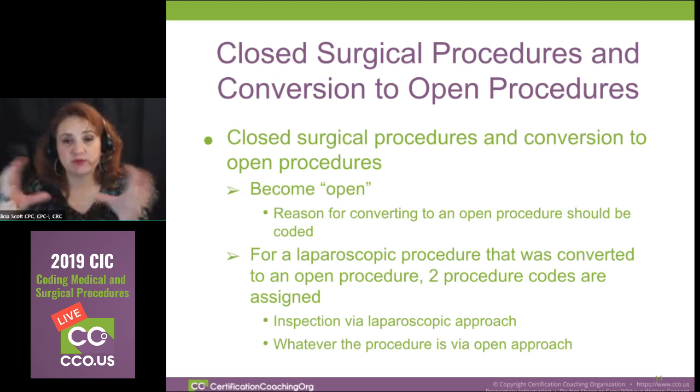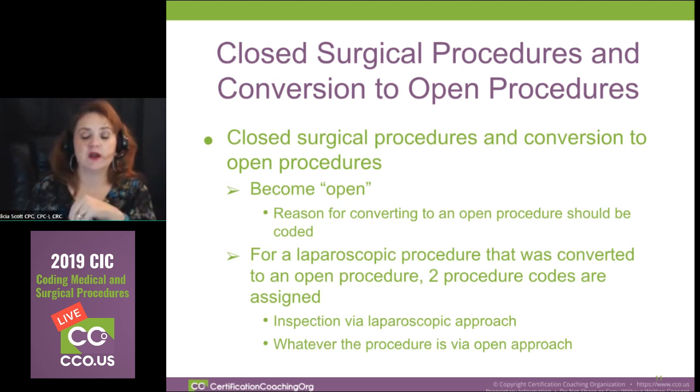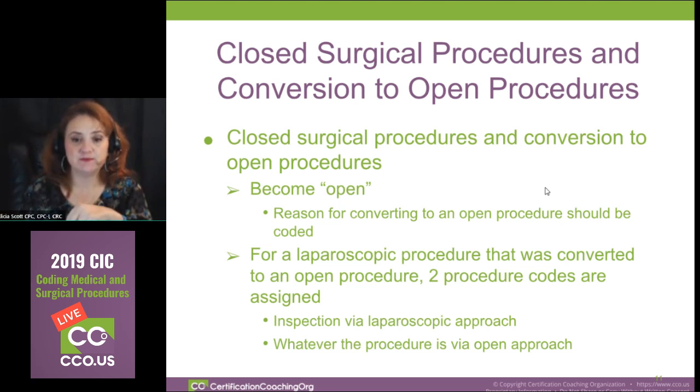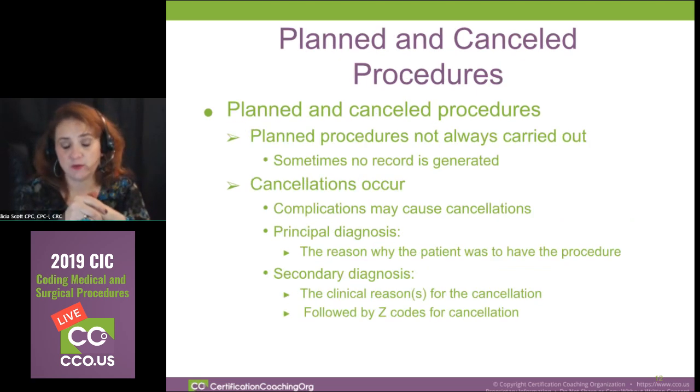And then the open procedure for the work that's done for actually opening the person up. Whereas in CPT codes, you just use the 1 code for the open procedure, and the laparoscopic is included in that. Not like that with outpatient or with inpatient. So other things that can happen could be planned or canceled procedures.